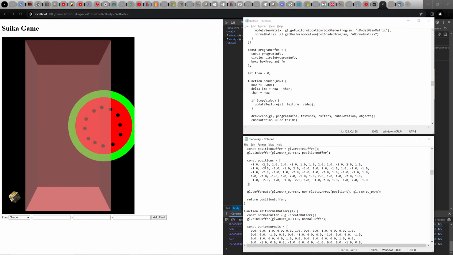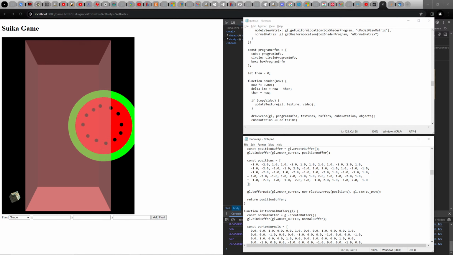Yeah, so 2 is actually the max. And actually, I want to make this a little shorter, not reaching all the way to the top, so we have some space for the fruit to be displayed when it drops down.